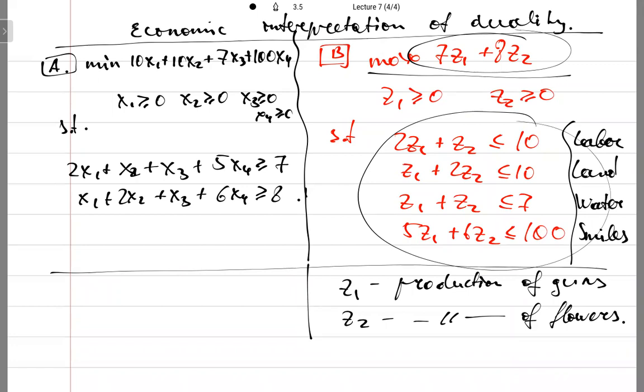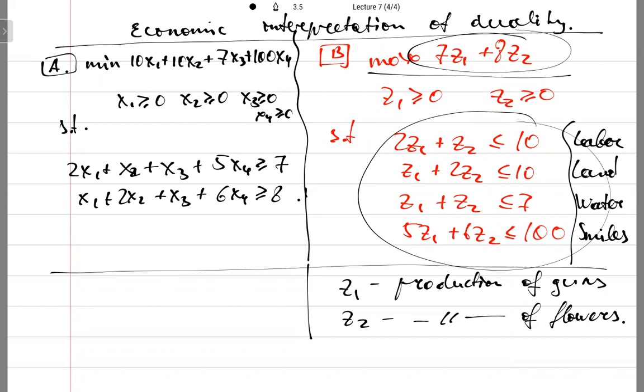Okay, so basically, what's the interpretation of problem B? In problem B, he maximizes his total revenue by using as much as possible of his everyday resources. Every day he has 10 hours of labor.